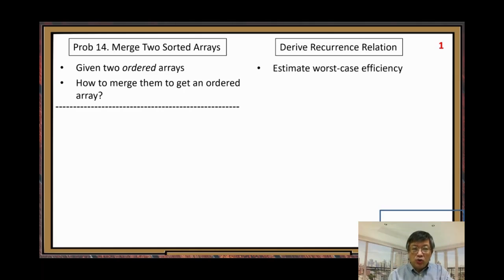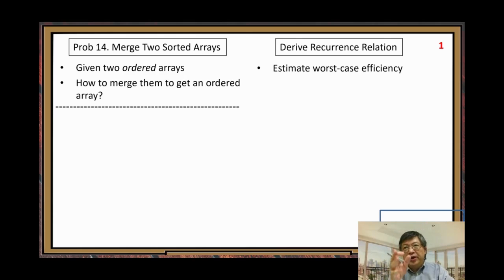For the Mergesort, actually, our main focus is on the worst case. Why? Because when we design this algorithm, our consideration is we want to make the worst case efficiency as good as we can.